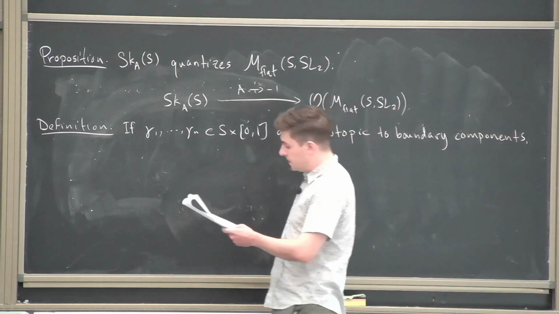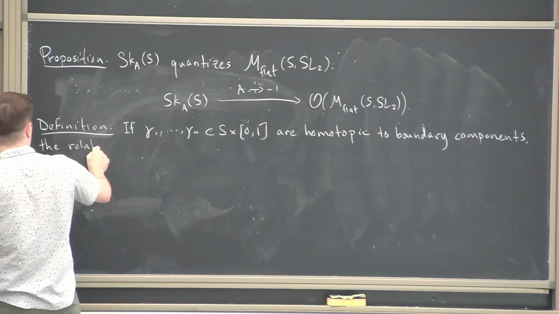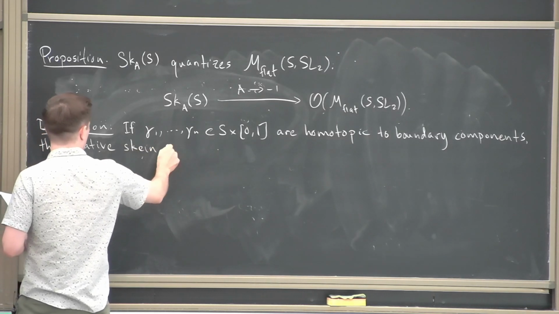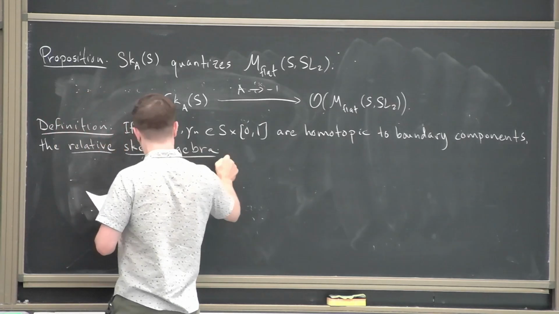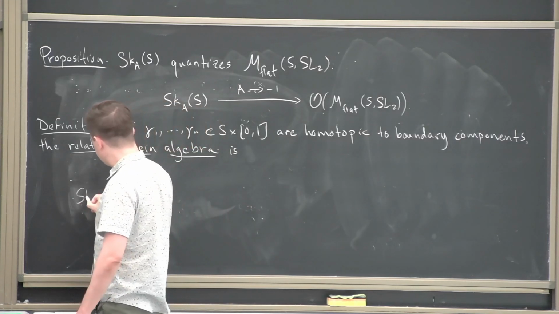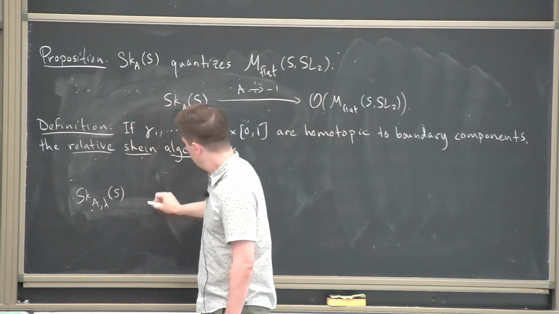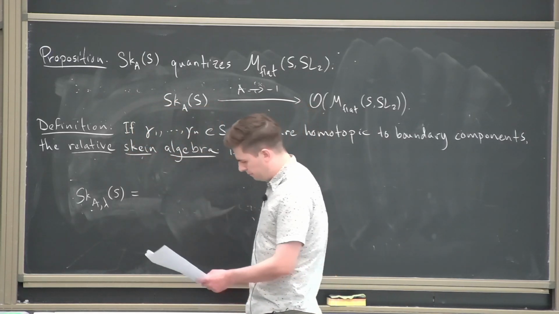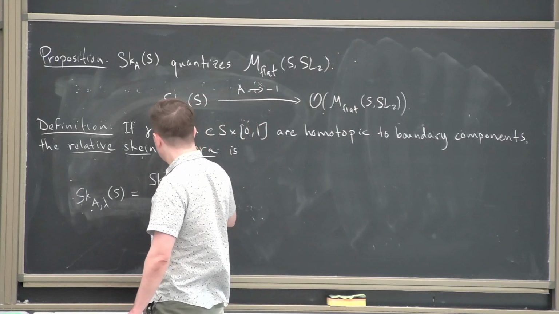So given such loops, we'll now define the relative skein algebra as follows. It'll be denoted like this, sk A lambda of S. And to get this, we take the skein algebra defined over there, that's sk A of S. And remember that this is an algebra.